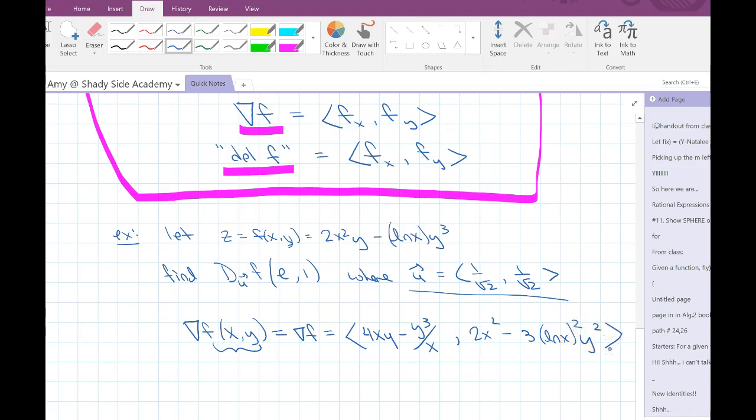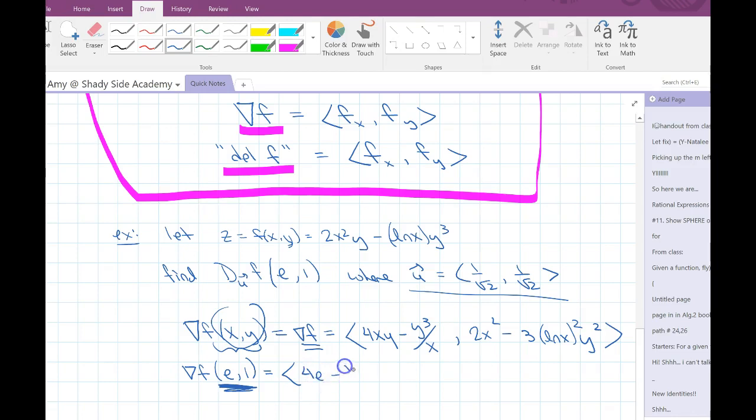So here's my general gradient vector. And now let's see, where is del f at that point, e comma 1? And I will say what is important, you don't have to have this here, but if you are inputting particular values for x and y, then you absolutely do need this.